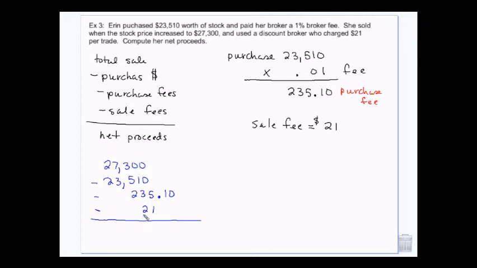So I'm going to do that on the calculator real quick. 27,300 minus 23,510 minus 235.10 minus 21. These are the net proceeds. So this is how much money you actually made because you've spent all of this.